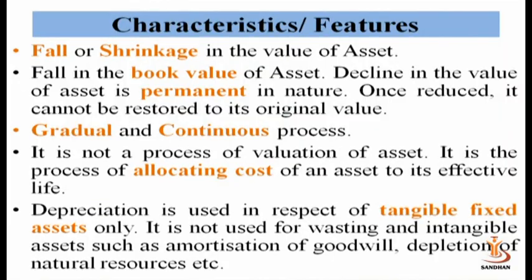The value of the asset will not be higher in future. That will always decline. The next is that it is a gradual and continuous process. It is not sudden. Year by year the value of the asset is declining. It is used in a business, so every year the depreciation is calculated and it is a continuous process.